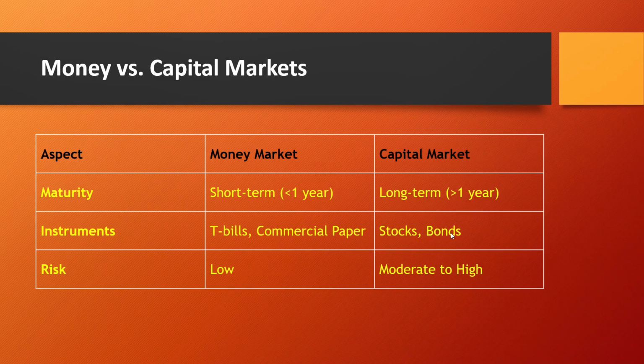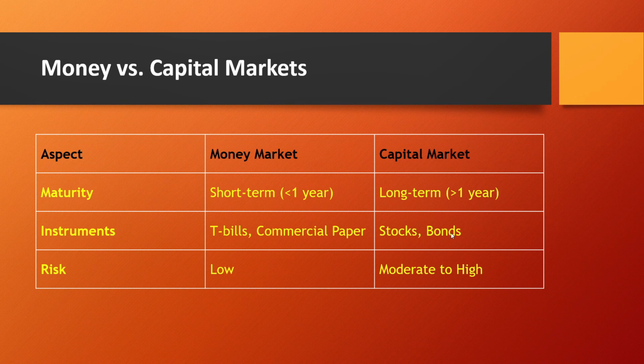Money markets deal with short-term instruments like treasury bills, commercial paper, or certificates of deposit with maturities of less than a year. They are low risk and highly liquid, making them ideal for investors who want to park their money safely for a short period.